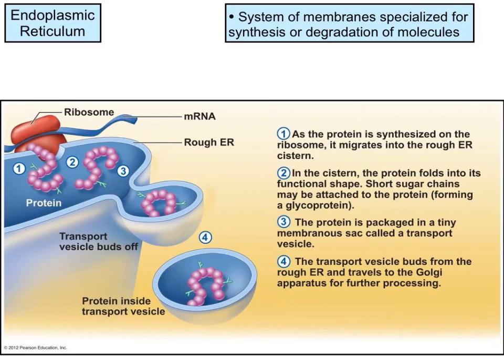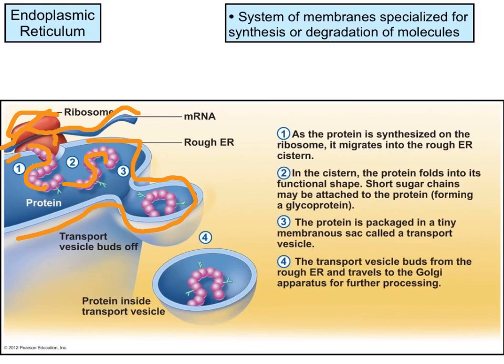So we can look at our rough endoplasmic reticulum. Here we see parts of the membrane itself, and we see the ribosome attached to it. And the ribosome is converting messenger RNA into a protein. So it's a protein factory. It's making a protein. And that protein, as it's being made, is budding off into the rough endoplasmic reticulum.